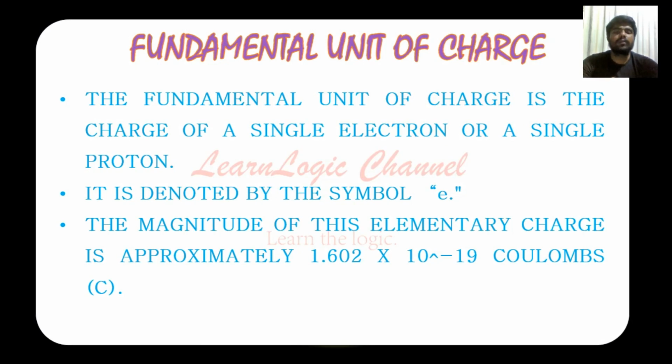It is denoted by the symbol E. The magnitude of this elementary charge is approximately 1.602 into 10 raised to minus 19 coulombs. The unit of charge is coulombs, and it is denoted by capital C.